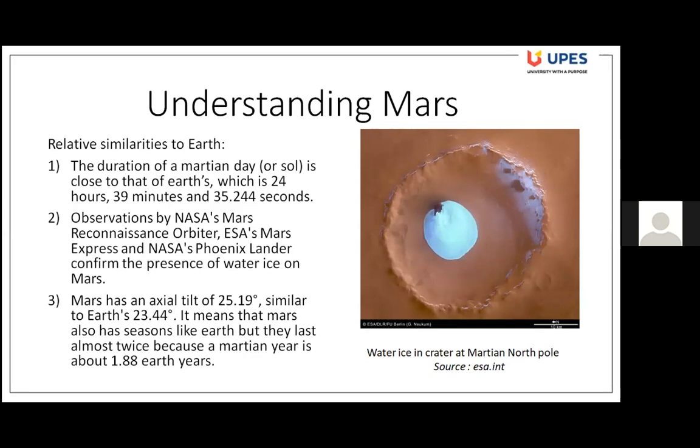The third is that Mars has an axial tilt of 25.19 degrees, which is similar to Earth's 23.44 degrees. That means Mars also has seasons like Earth, but they last almost twice as long, because a Martian year is about 1.88 times an Earth year.